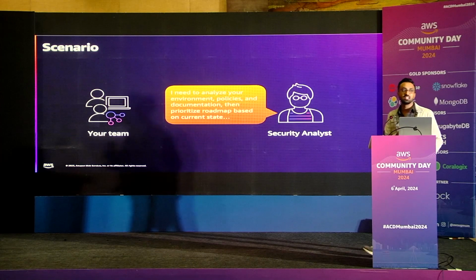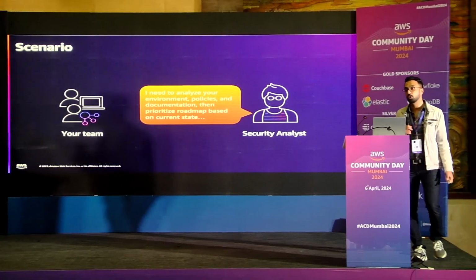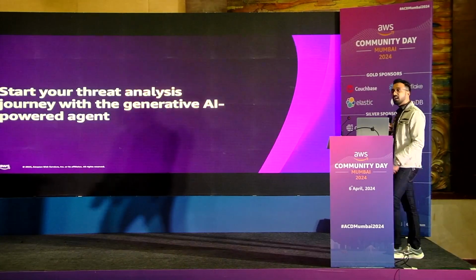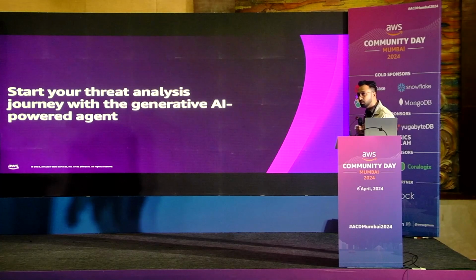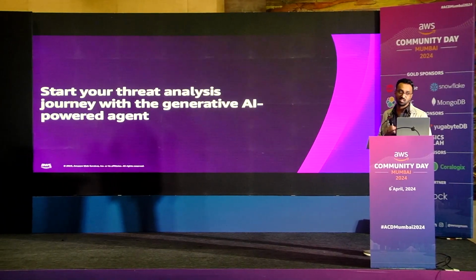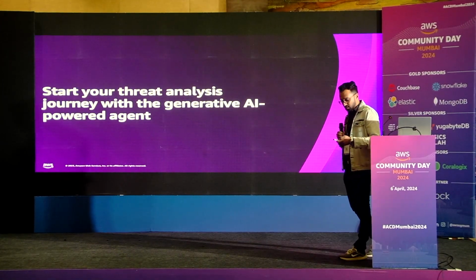After that, only I can give you something which is substantial. But 6 weeks is really long, and we want to reduce it to minutes and seconds. And that's the reason why we are here today, going to demonstrate how you can have a virtual chatbot which is generative AI powered, and it's going to answer you exactly the way you need.